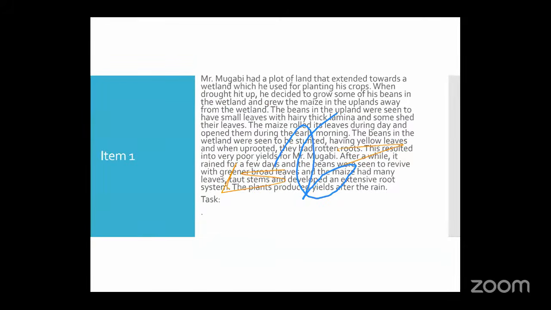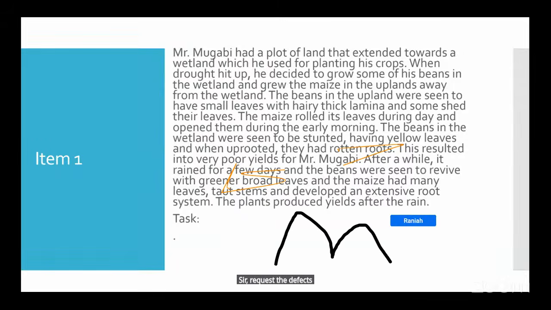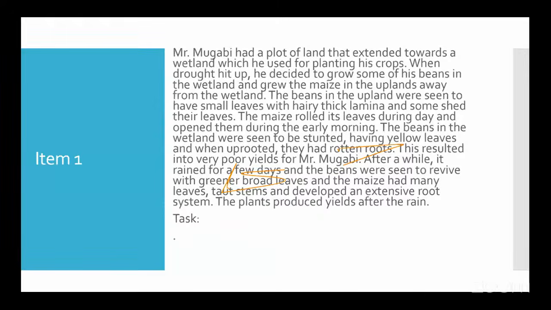So how they affected, caused the effects. I'll go to Letty. Letty, you can unmute and respond.